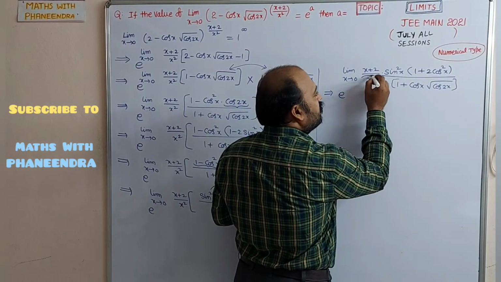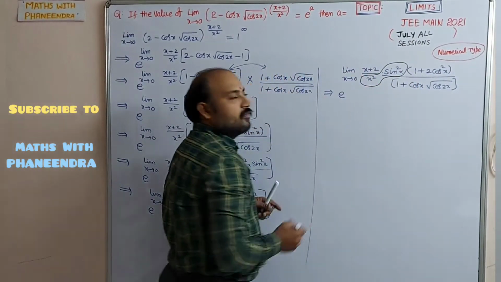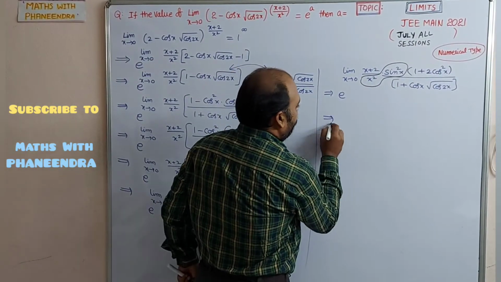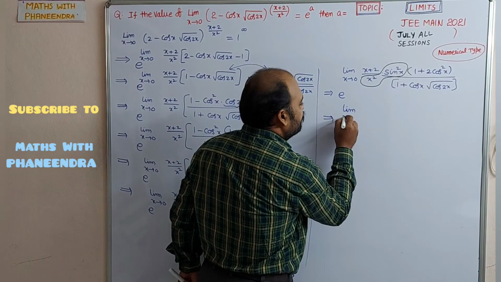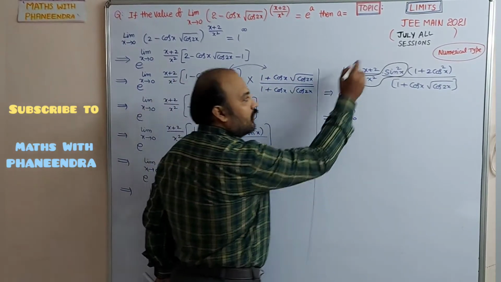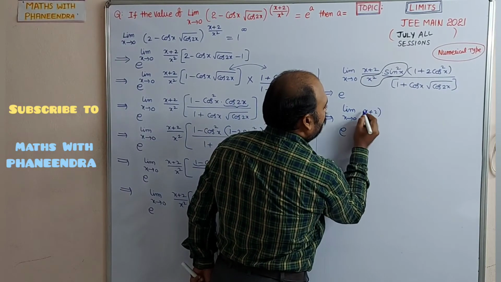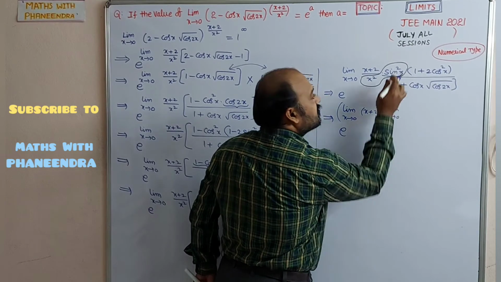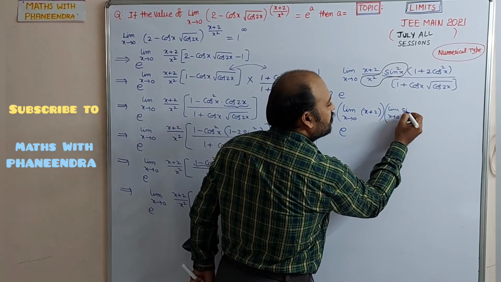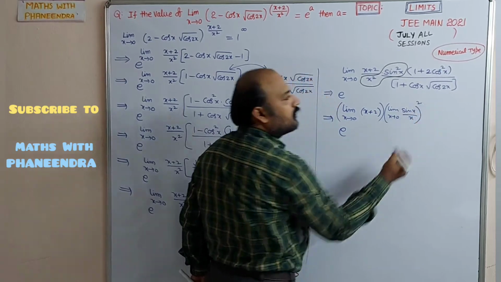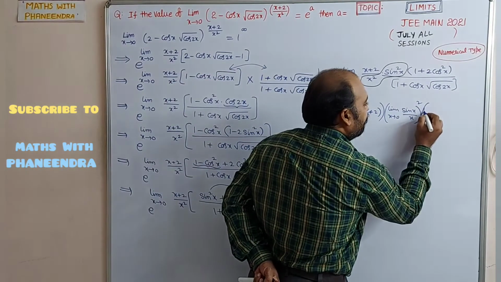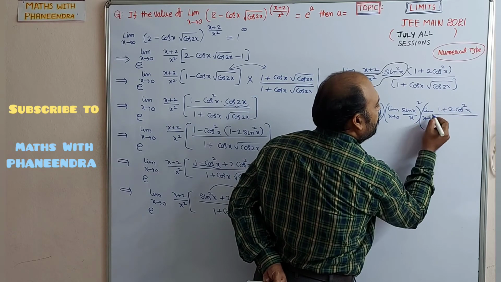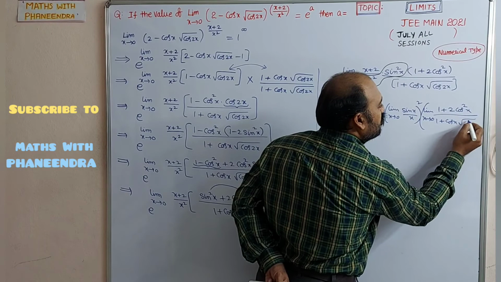Limit applies individually in the power of e. So here e power limit x tends to 0, x plus 2, limit x tends to 0 sin square x by x square, which we can write as limit x tends to 0 sin x by x whole square, and in the rest of the terms limit x tends to 0, 1 plus 2 cos square x divided by 1 plus cos x into root over cos 2x.